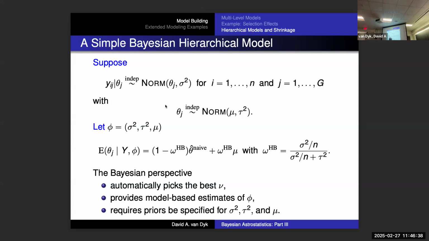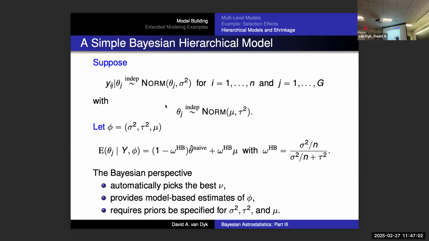I have my individual stars and my individual globular clusters, and I'm interested in their mass, and I'm interested in the average mass for that globular cluster, theta j. These are all globular clusters around the Milky Way, our own galaxy. So they're a population, and it makes sense that they're not completely different.